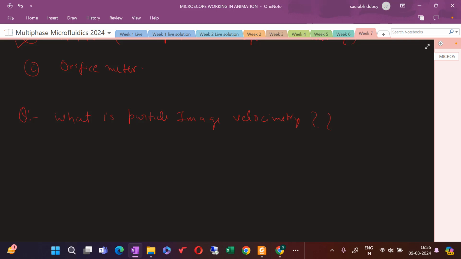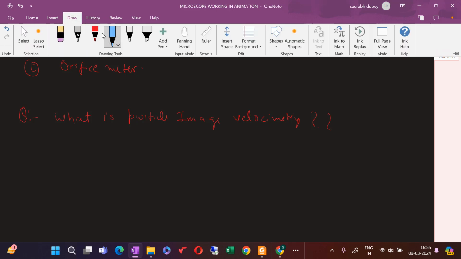Particle image velocimetry is based on the velocity of the particles flowing through the fluid, and it requires optical access to the channel. Optical access means the channel walls should be of glass or some transparent material, so that you are actually looking at the movement of the seeded particles inside the channel. And this is a non-invasive technique. So these three points are straightforward.